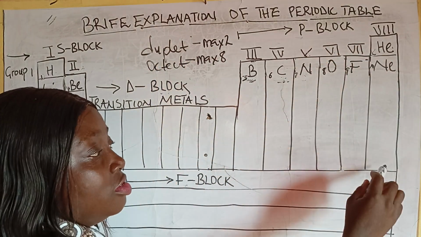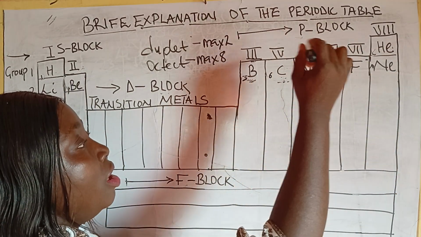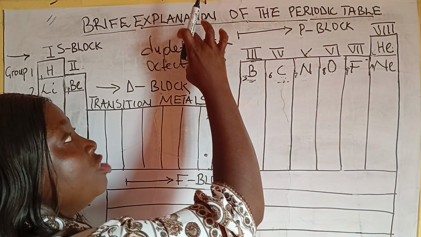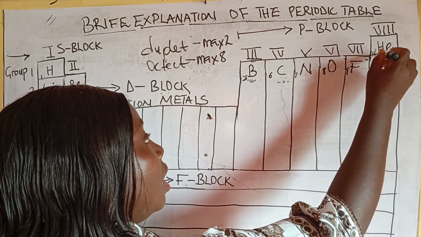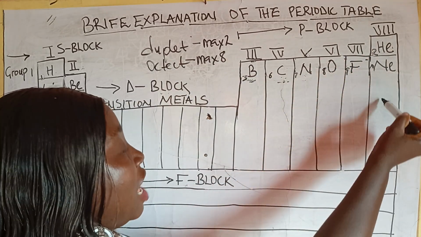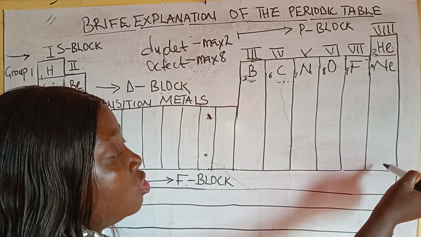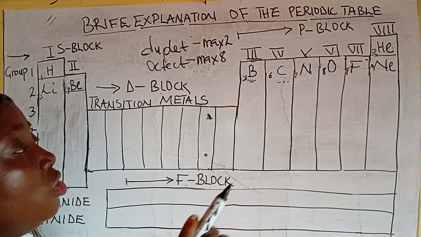The noble gases, all the members of this group, have reached these 2 stable configurations. Helium has 2 electrons, duplet configuration, while neon, argon, and all other members of this group have octet configuration. They have reached the stable configuration.